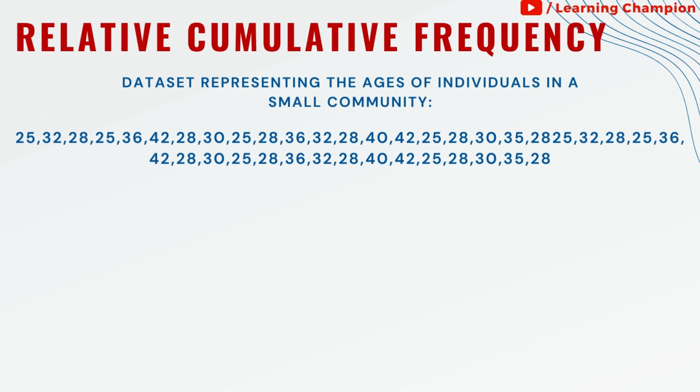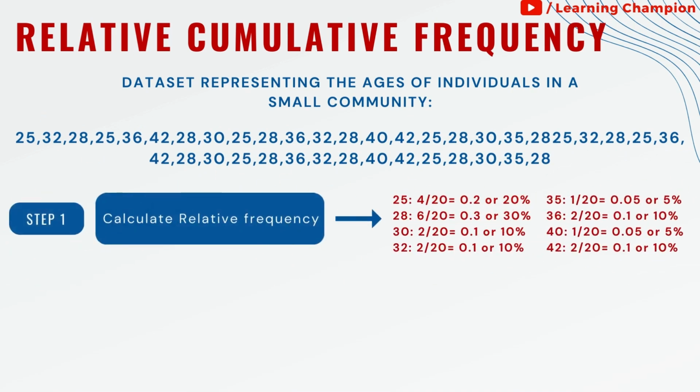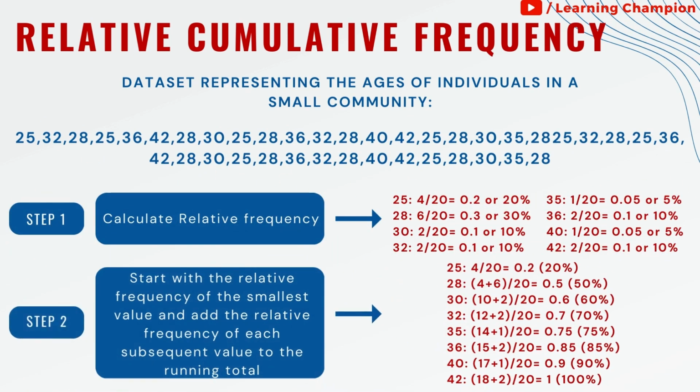In our example, first we will calculate the relative frequency, and then to calculate the relative cumulative frequency, start with the relative frequency of the smallest value and add the relative frequency of each subsequent value to the running total. That is, we will add the relative frequency of 25 to that of 28. The sum is then added to the relative frequency of the next age. We will continue this process until we reach the last age.